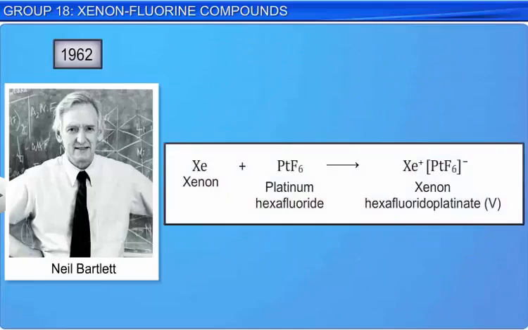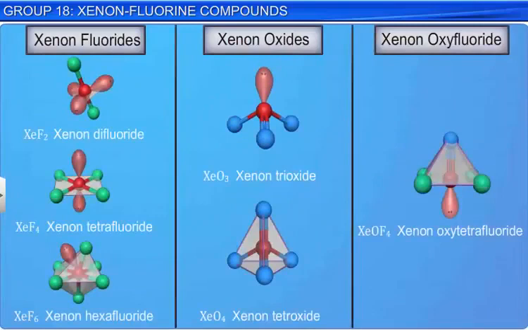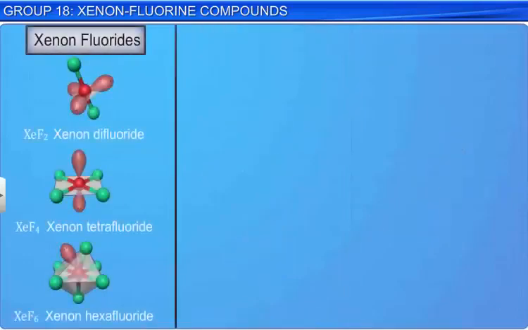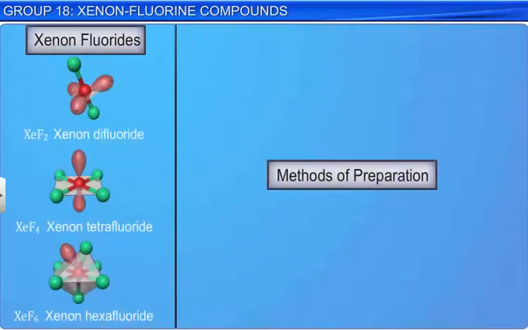He was the first to prepare a compound of xenon called xenon hexafluoridoplatinate(V). Later, many compounds of xenon were synthesized, including fluorides, oxides, and oxyfluorides. Let us first discuss the methods to prepare xenon-fluorine compounds.